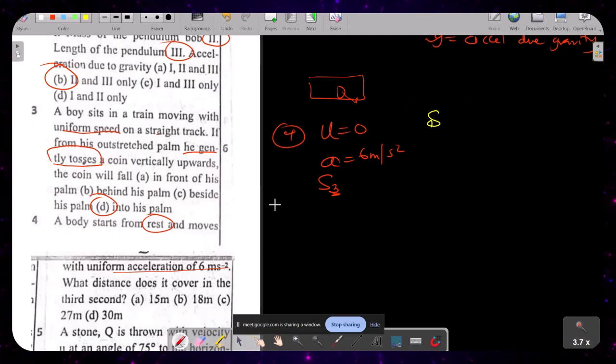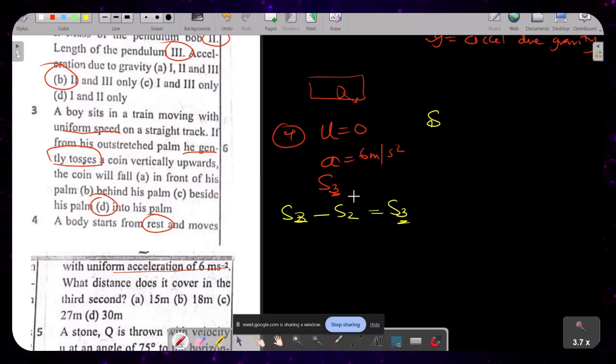But since they say 3rd second distance, what you're going to say is the distance at the third second minus the distance at the second second. So when you subtract the two distances, you'll get the distance at the third second exactly. You need to get the distance at the third second, and you also need to get the distance at the second second. Then you know the exact distance covered in the third second. That is how it's gotten.